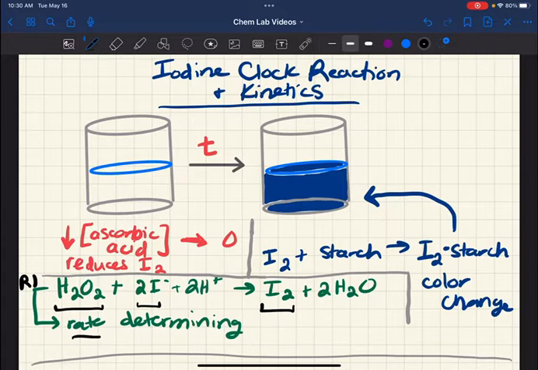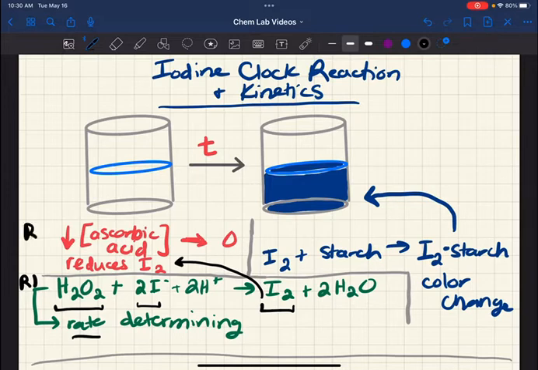Now, as this is generated, it's reduced back into the I- form with whatever amount of ascorbic acid we have in solution. So at some rate, I2 is being formed, and we're immediately turning it back into I- so that this green reaction R1 can keep occurring.